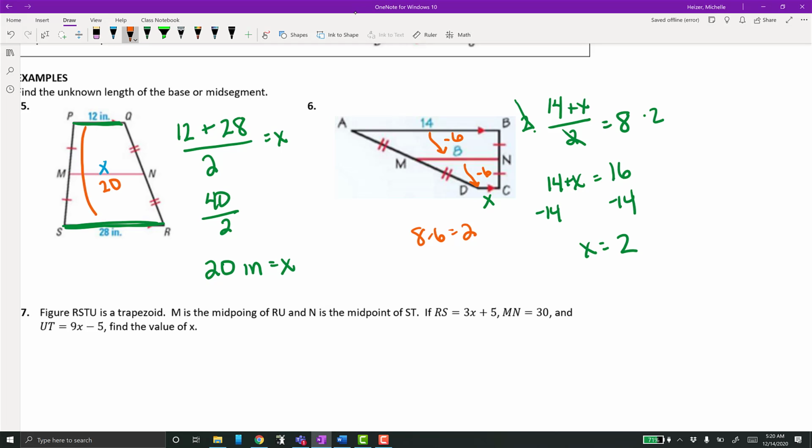From 12 to 28, I'm adding 16. So to get halfway, this is plus 8 and plus 8 again. But generally speaking, if you're looking for a mid-segment like problem 5, the formula is going to be really easy to use. If you're looking for a base, the formula is easy to use, but you may be faster at finding the pattern. So either way is going to be okay.